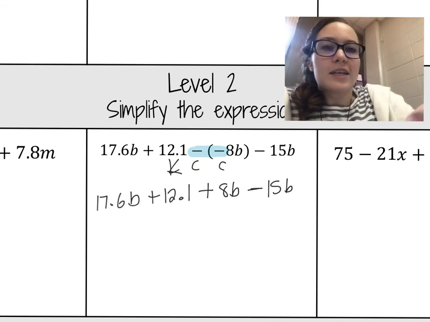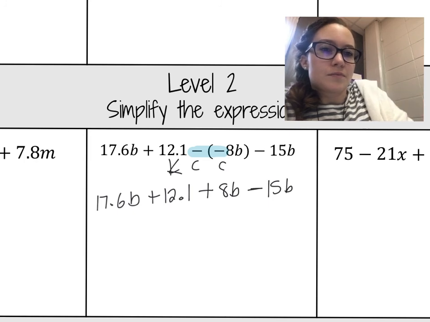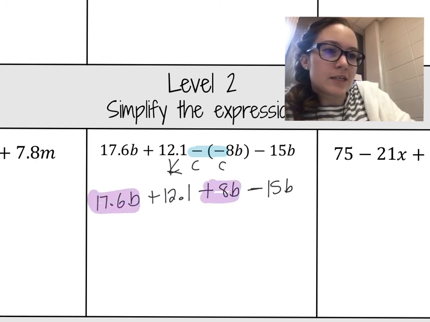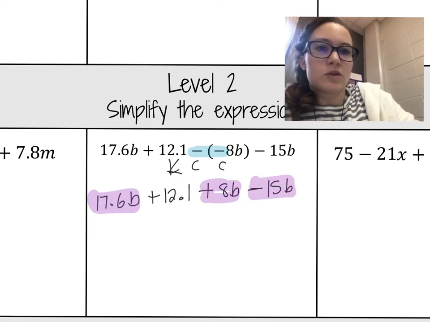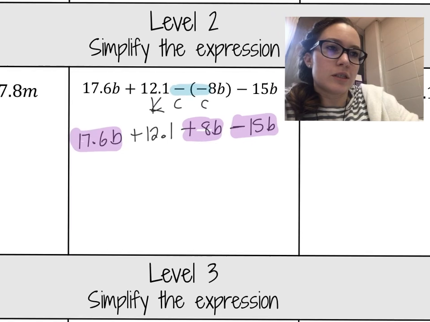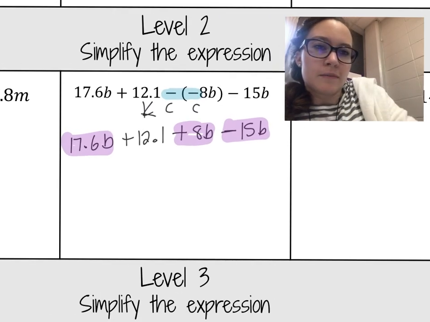So now I'm going to identify all the like terms. 17.6 has a b, plus 8, minus 15. So I'm just going to do my work on the bottom or on the side. Okay.